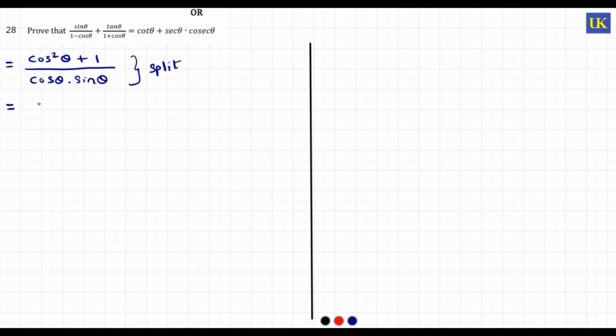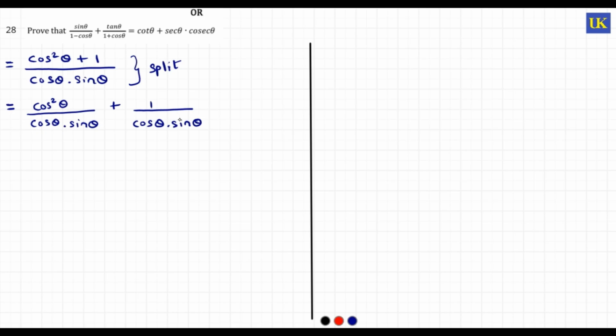So here it will be cos square theta upon cos theta into sin theta, and then we will write plus 1 upon cos theta. So this denominator, once with cos square theta and one time with 1, is what I am writing.